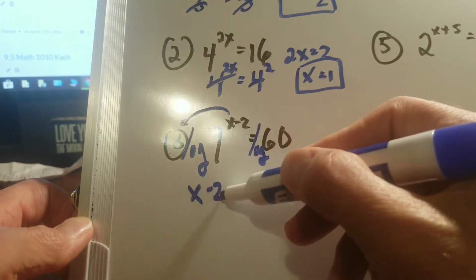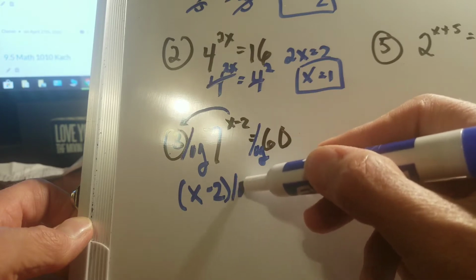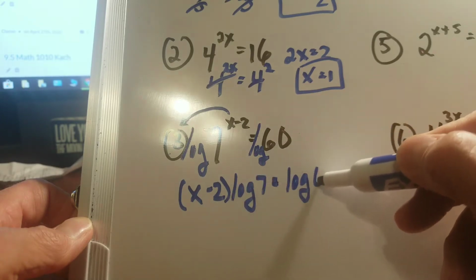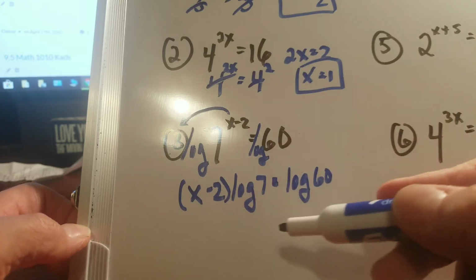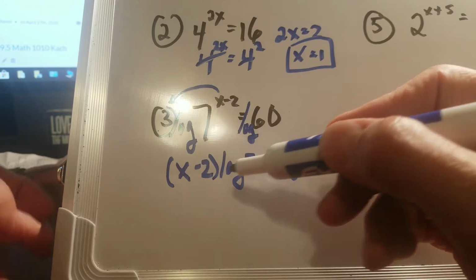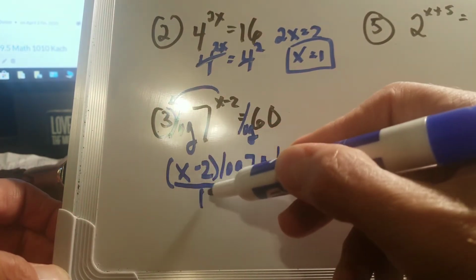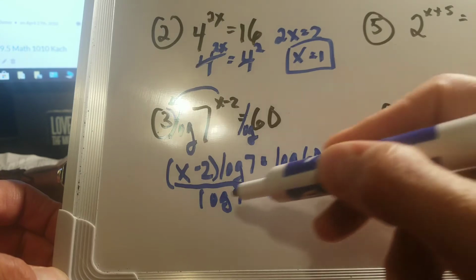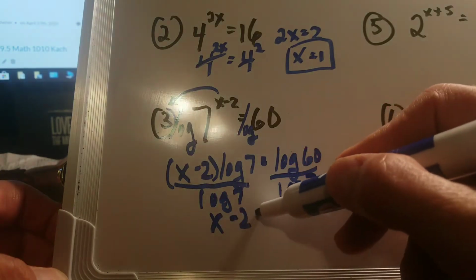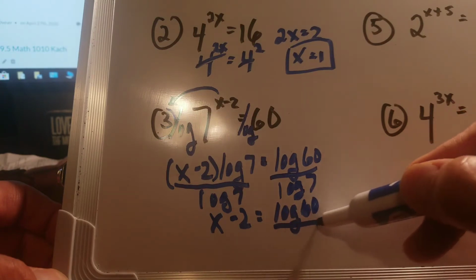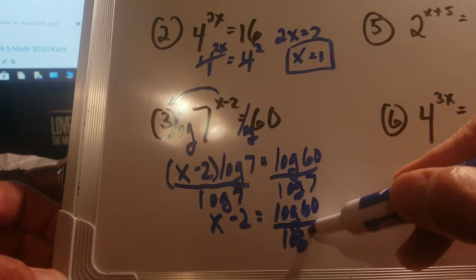X minus 2, put log 7 next to it, equals log 60. Now I'm simply solving for x. So it's really pretty straightforward. Divide both sides by log of 7. And we now have x minus 2 is equal to log 60 over log 7.